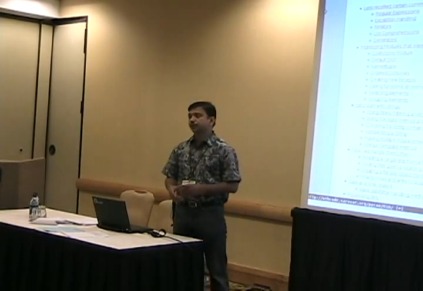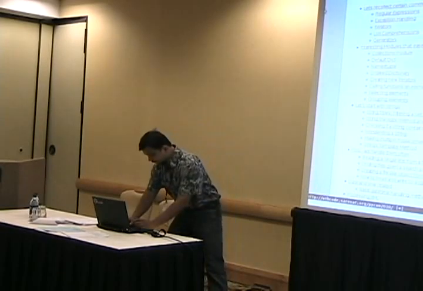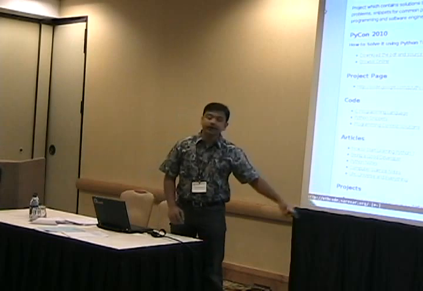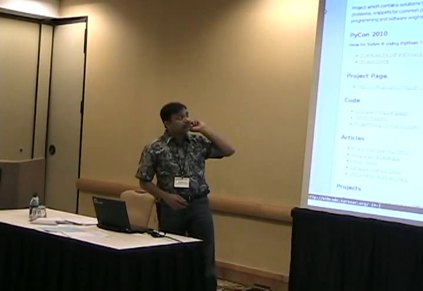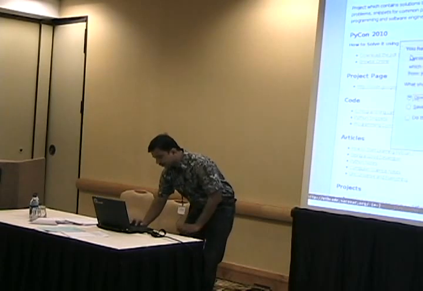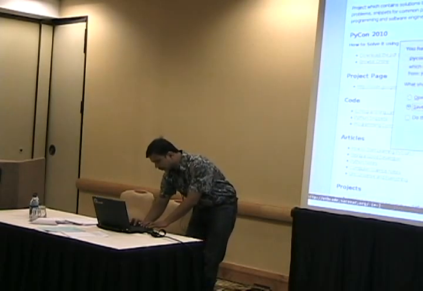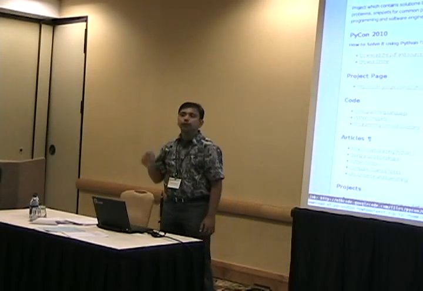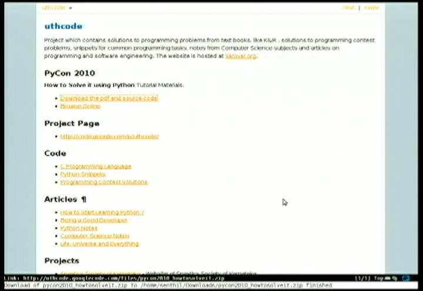And I have a request to you that, as I showed, in this website, I have the PDF and the source code available. I want you to download this. Okay. The reason I want you to download is I have the source code of Python 2 and Python 3 available both. And when you are attending this tutorial session, if you try out those source code snippets, you will understand it best.